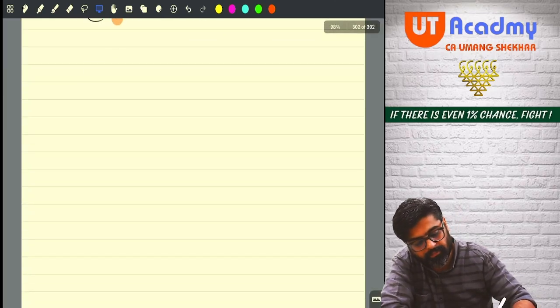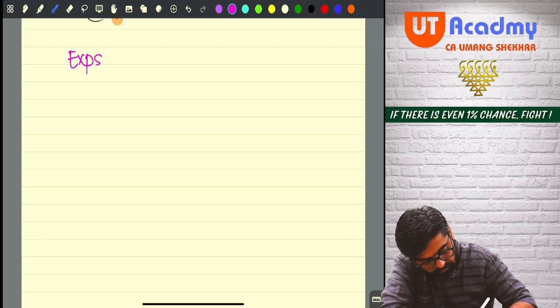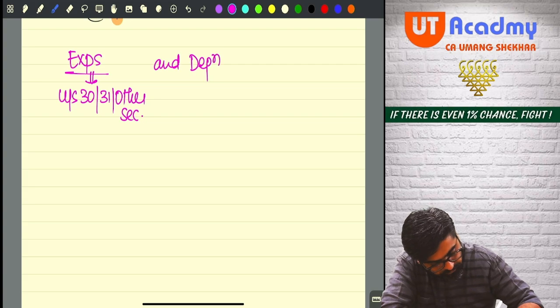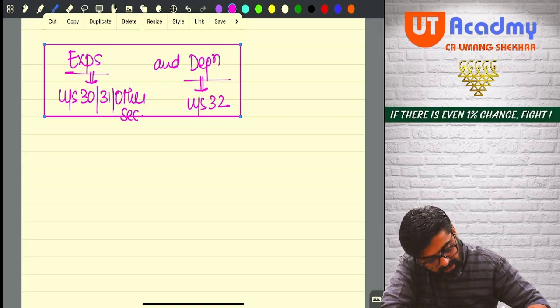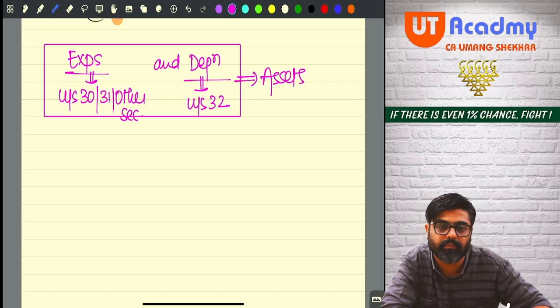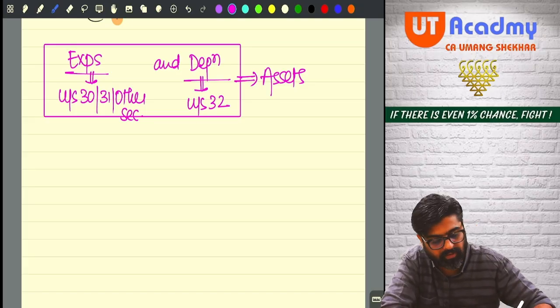So all the expenses and the depreciation are for those assets which are related to your business or profession, which are used in your business or profession.